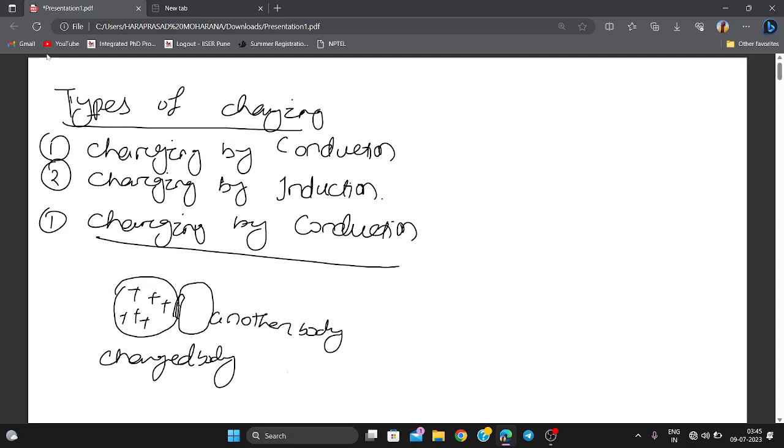So what happens by conduction of charge, the other body acquires the same charge by connecting with the body. Okay, so this is charging by conduction.